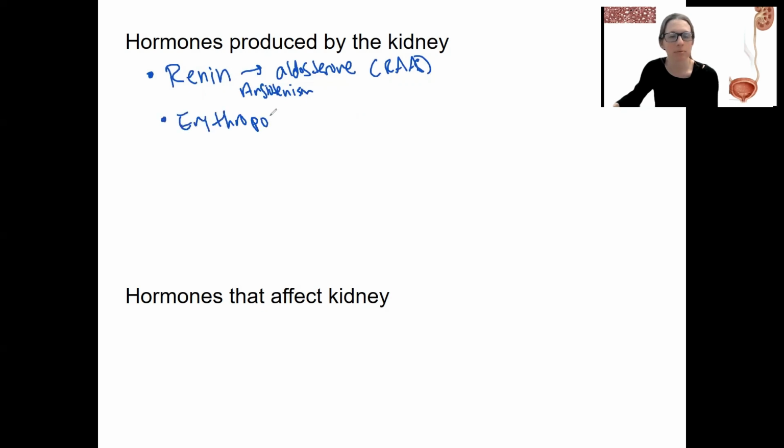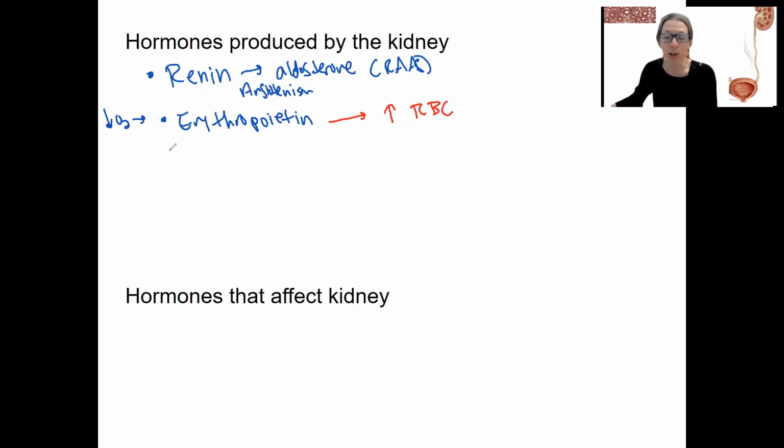erythropoietin. You know this, right? What is this stimulated due to? Low oxygen. And EPO is a hormone that's going to stimulate red blood cell production. Does that make sense? Yeah, we want to be able to carry more oxygen. Red blood cells are what carry oxygen in our blood.